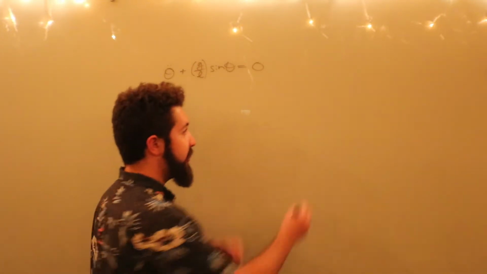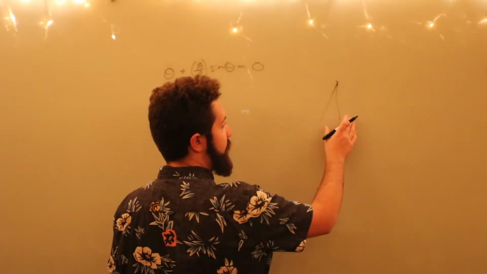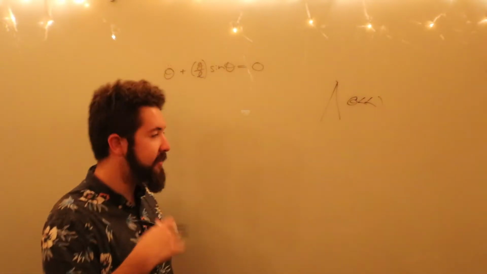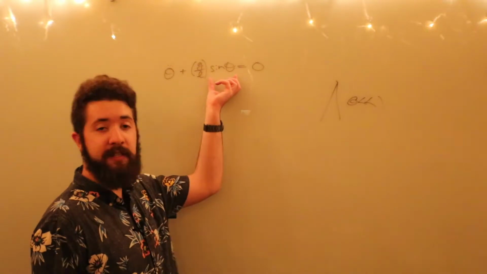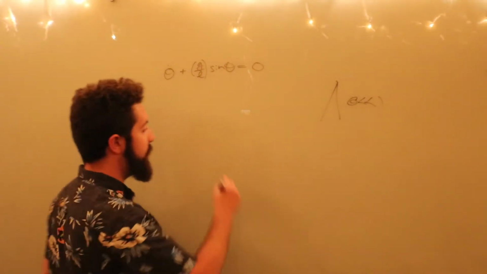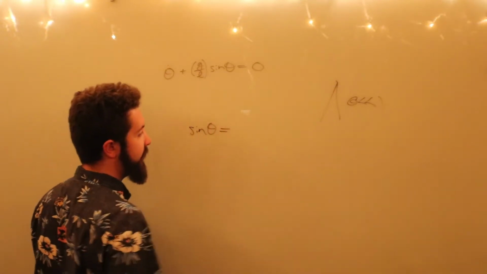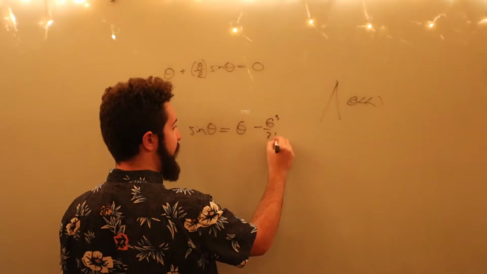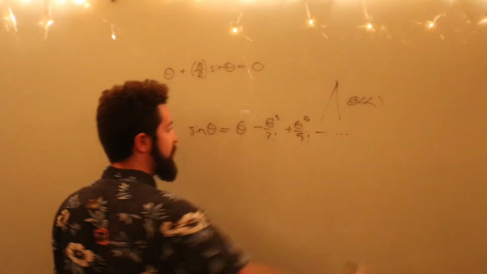And so we're going to want to consider just small oscillations, right? So tiny little angles, or theta way less than 1 if you like, in which case we can expand sine theta into its Taylor series, which should look something like theta minus theta cubed over 3 factorial plus theta to the 5th over 5 factorial minus etc.